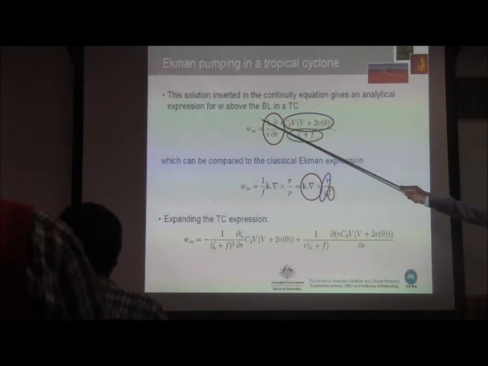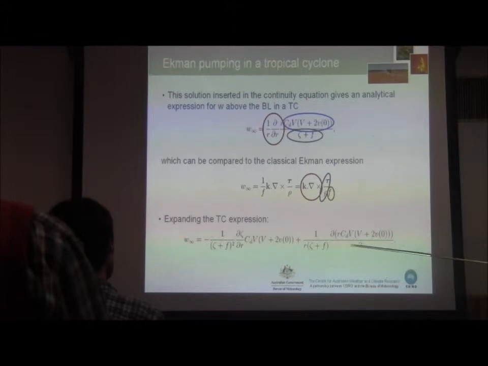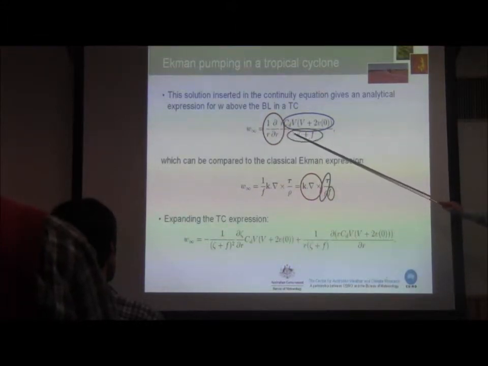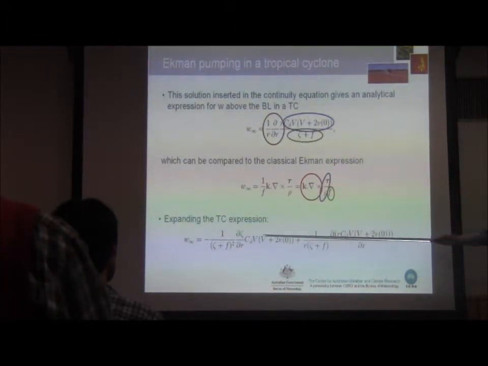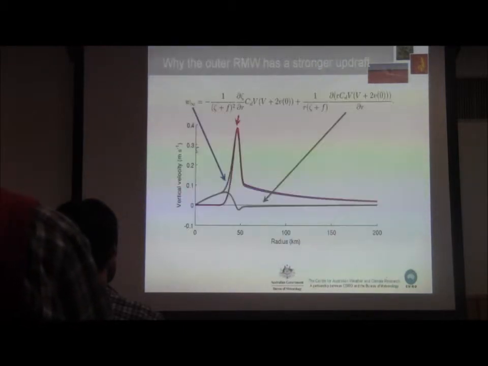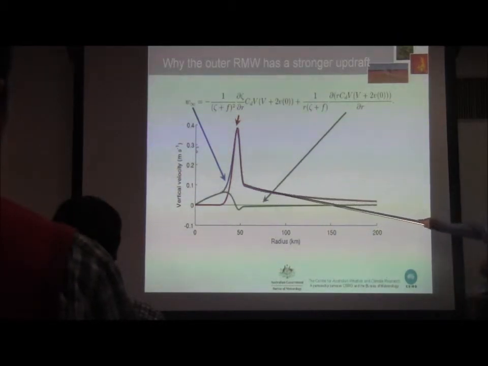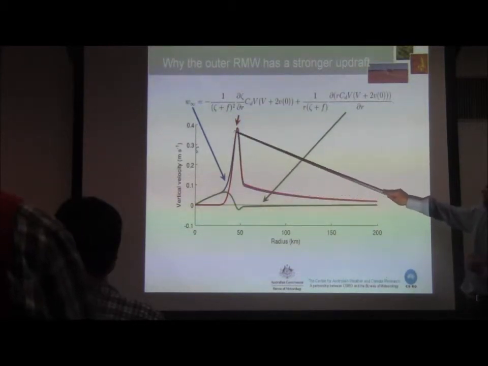If we take this expression for the tropical cyclones and expand it, so we simply apply the product rule of differentiation, we break it into two terms. And we can plot those two terms. So what we've got here, in the blue curve, is the total updraft. This is for the same vortex as I keep showing you.